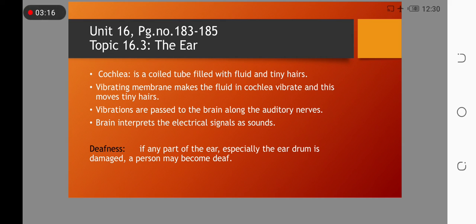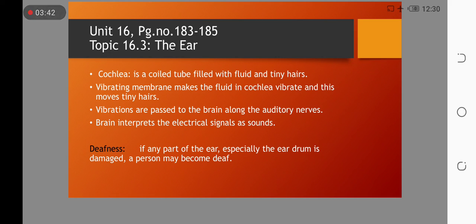The tiny hairs respond to the vibrating fluid by producing tiny electrical signals which are sent along the auditory nerves to the brain. The brain collects the message from the auditory nerves.